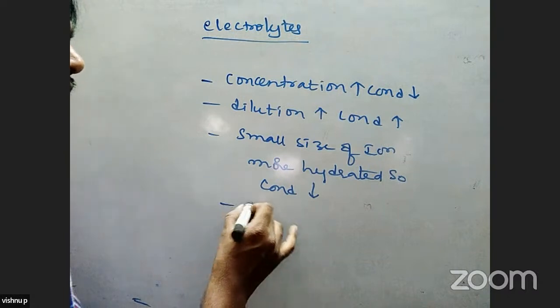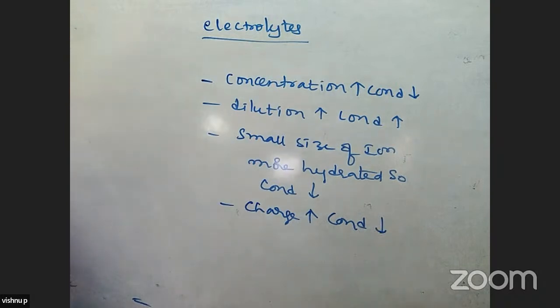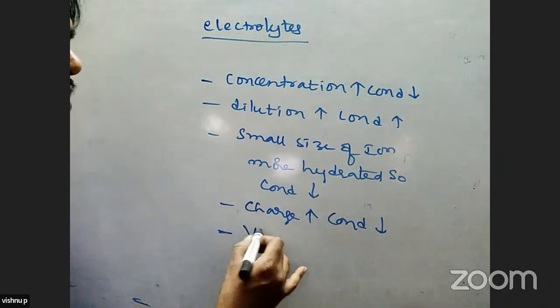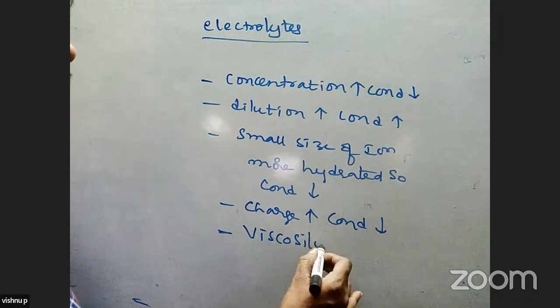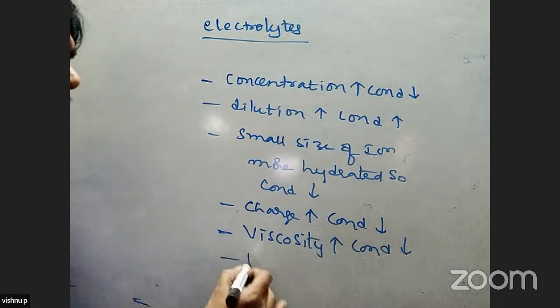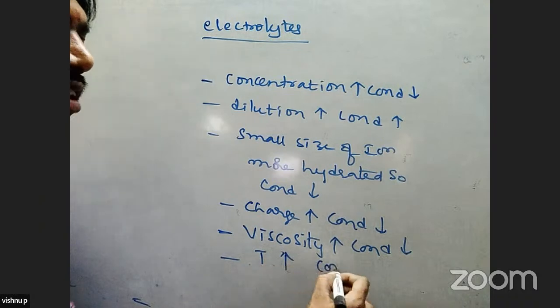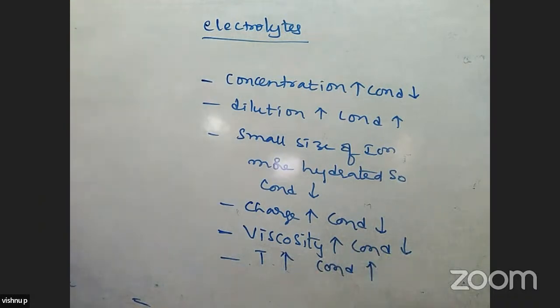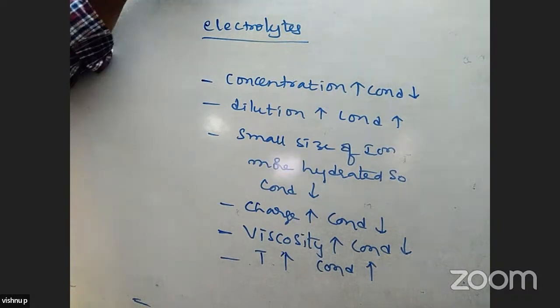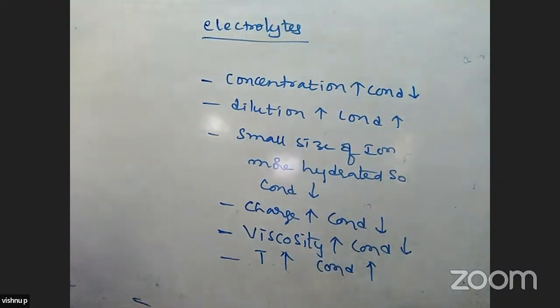As charge increases, conductivity decreases because it is more hydrated, and as viscosity increases, conductivity always decreases. As temperature increases, conductivity always increases. So in electrolytes, when concentration increases, conductivity decreases, and when dilution increases, conductivity increases.